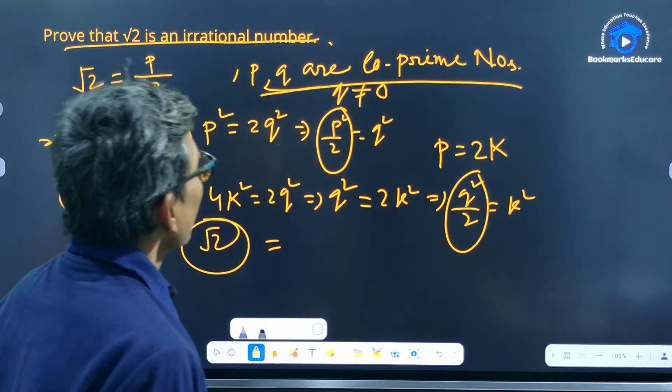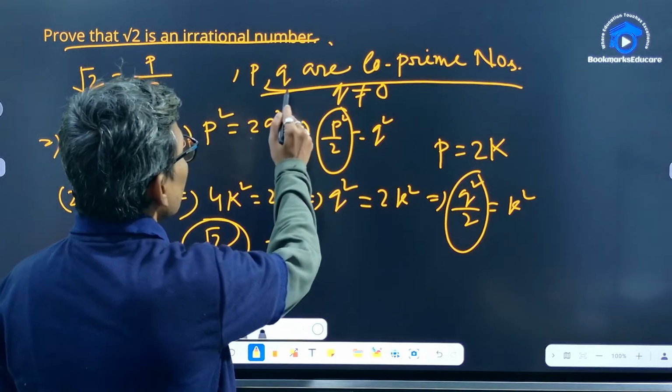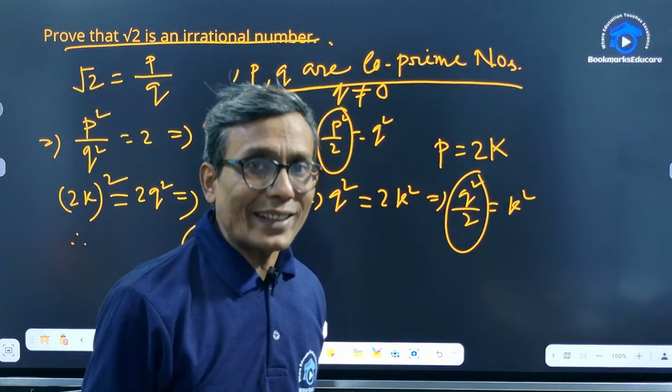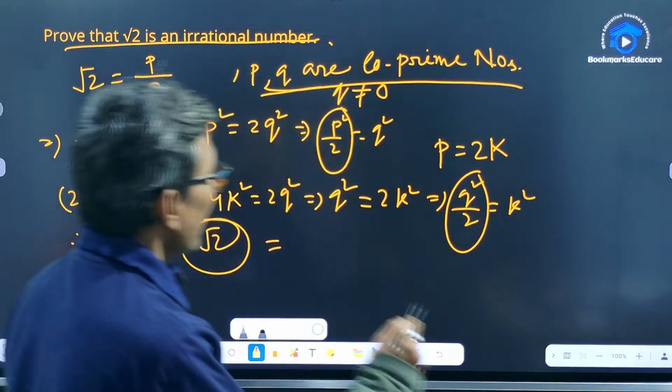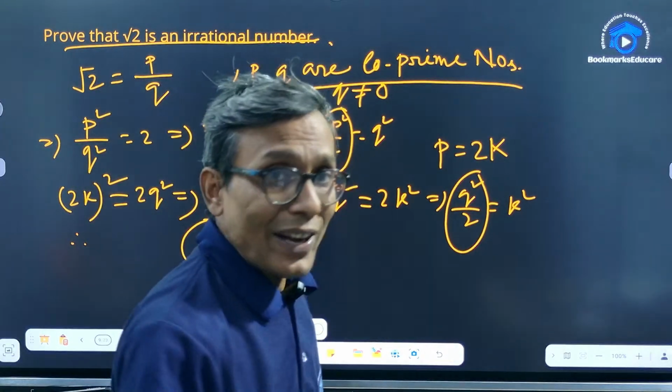So here we got a common factor more than 1, which is 2.